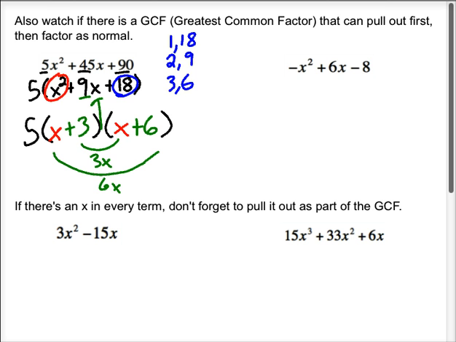Now what about this next one? This next one I've included on the list as well. Now the thing that you can pull out this time is not a number per se. I mean, it is, but really it's that negative. So -1 is what I want to pull out, because factoring with negatives with the x squared term gets really, really tricky.